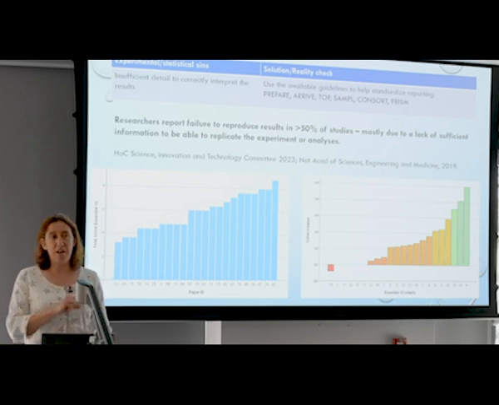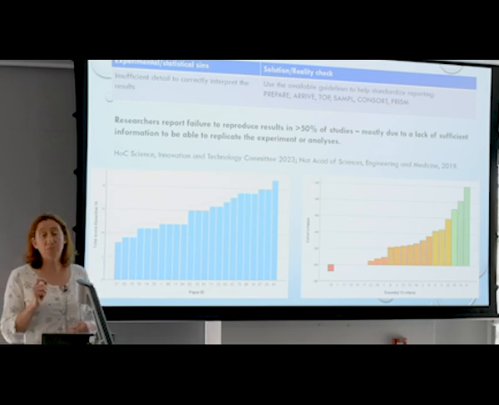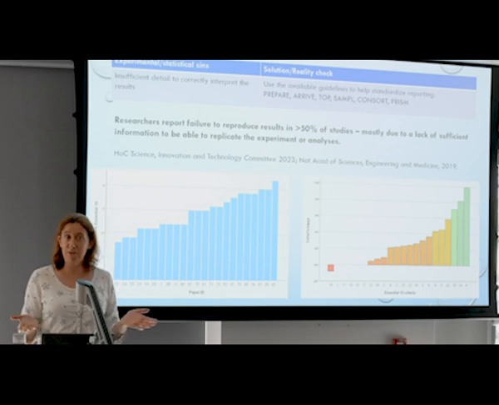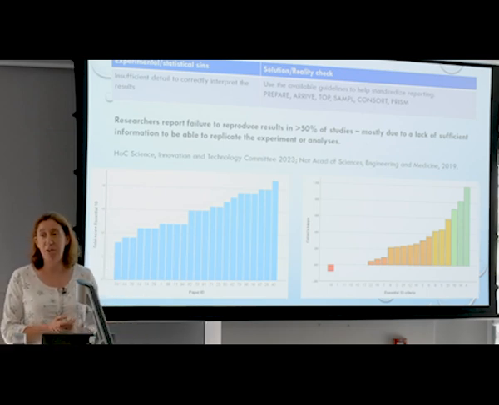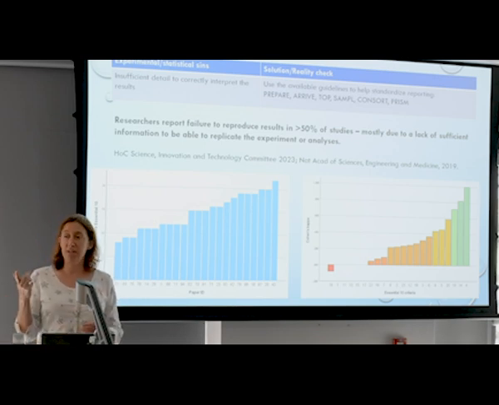When we've had large reviews by our House of Commons Science Committee and the US National Academy of Sciences, one of the major reasons for a lack of reproducibility is that we simply can't understand what's been written. We cannot reproduce the experiment, quite literally, because there isn't enough information. So this is clearly an area where we can all think about how we're writing things and be aware of these guidelines.